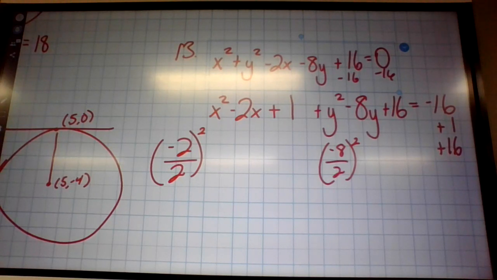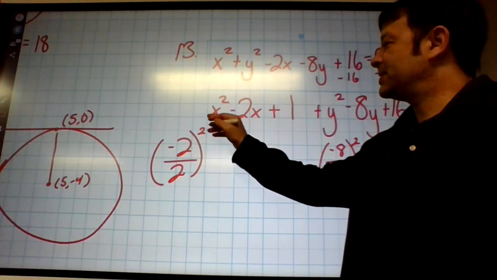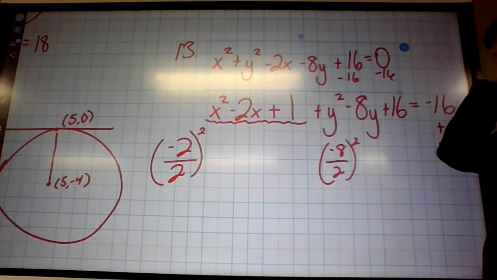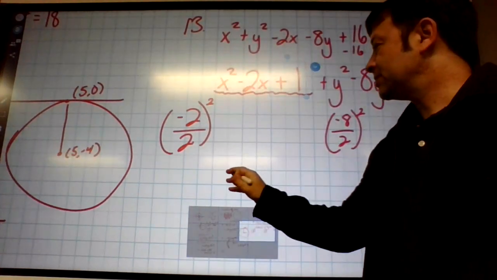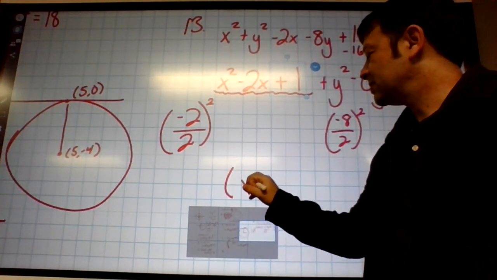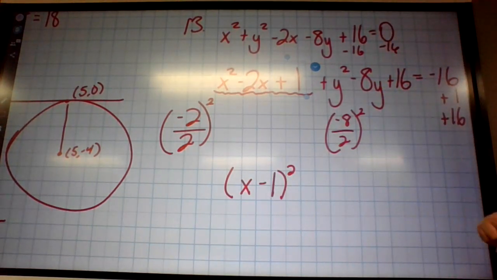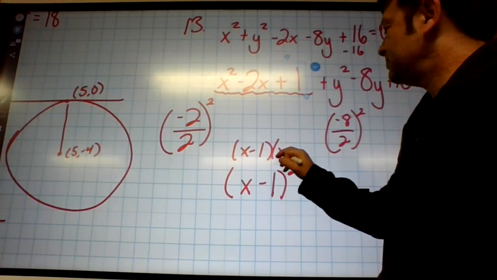Okay, so the reason we chose these numbers is because now this is a perfect square. It factors perfectly. What times what equals 1 and adds up to negative 2? Negative 1, negative 1. It's like (x - 1)(x - 1).